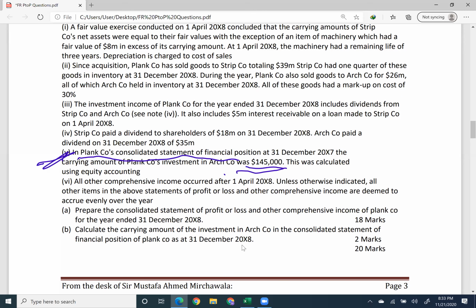Already the carrying value of investment in associate at the beginning of the year was 145,000. Now just adjust this year's numbers, and you will get the answer. So I'm moving on my screen now. Yes, 145,000 should be taken as COI for your easiness.